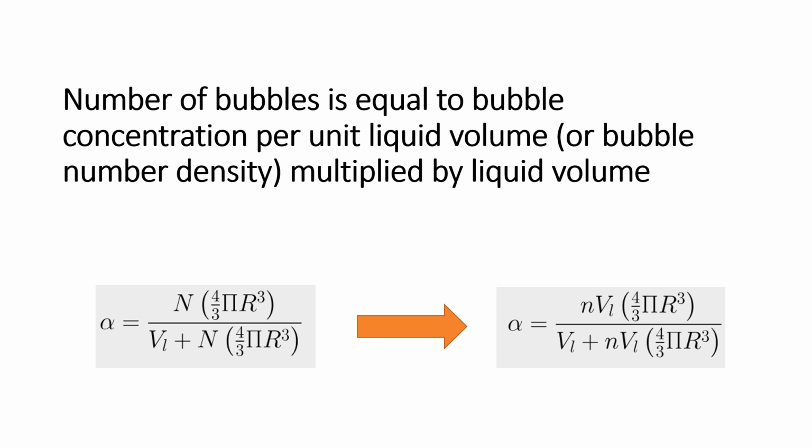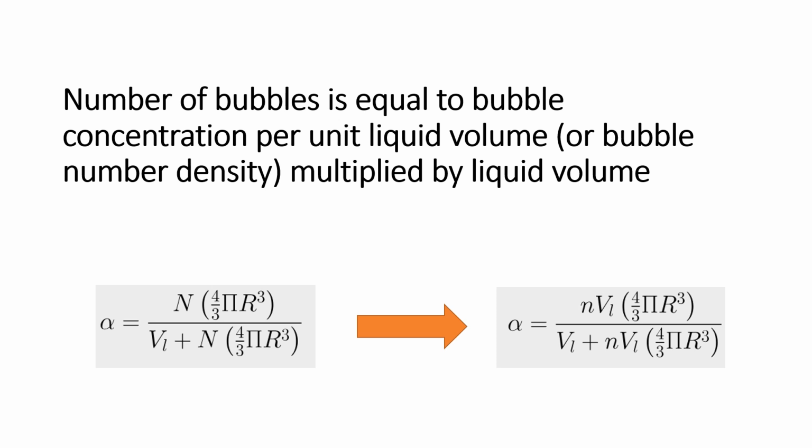How many bubbles are there per meter cube? That could be small n. So capital N, the number of bubbles, is equal to small n into the liquid volume. That is the number of bubbles per unit volume into the total pure liquid volume. So capital N is substituted as small n into VL, both in the numerator as well as the denominator. Let's see what happens next.